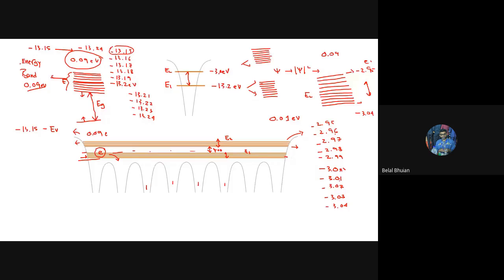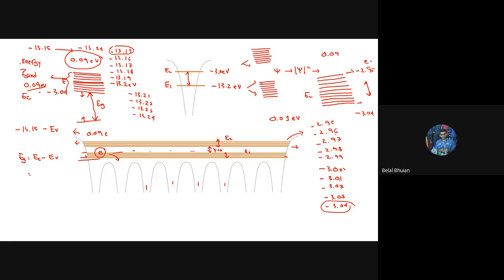And what is the lowest of E2? Minus 3.04. Let's call it EC, the conduction band. Then the band gap energy Eg would be EC minus EV.